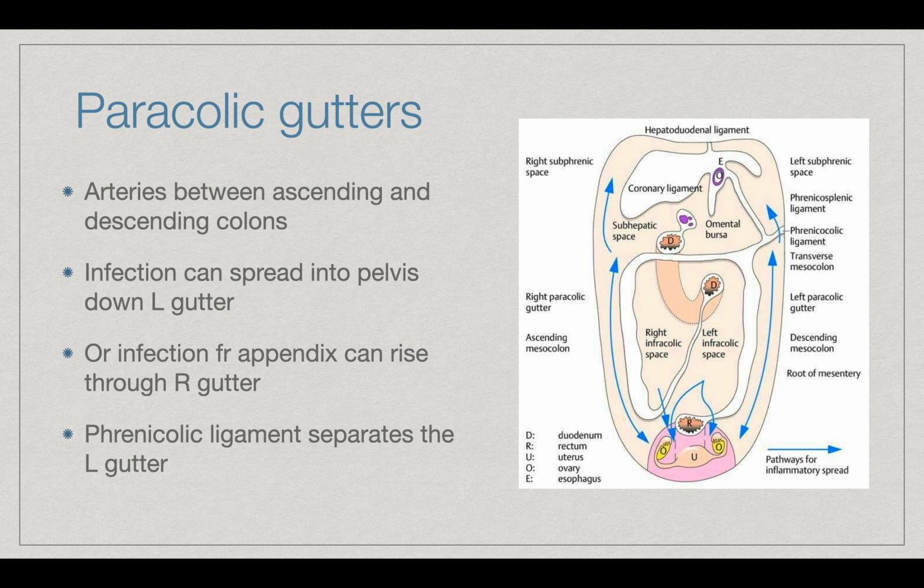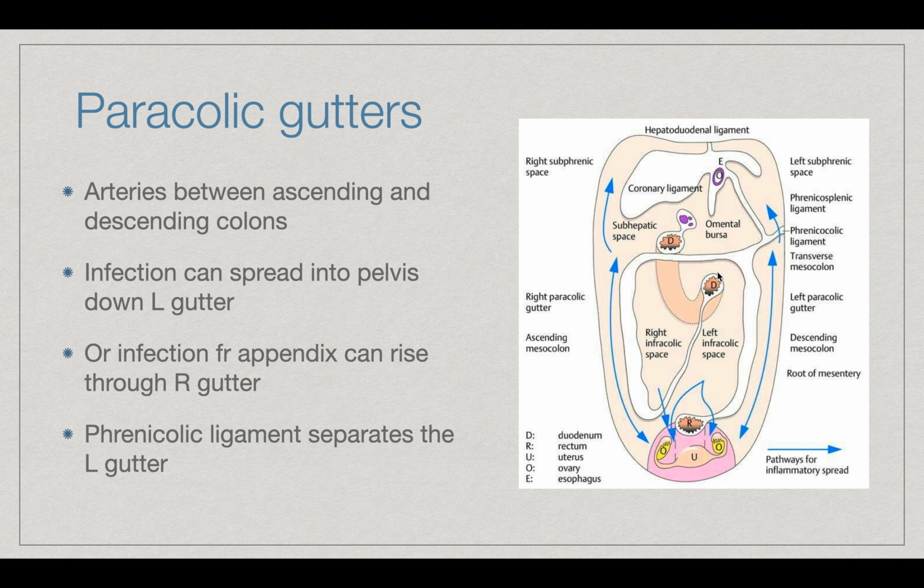Okay, so the paracolic gutter has a connection with the subphrenic spaces, and there's two, right and left, and these are where the routes of infection occur, because infection can spread into the pelvis down the left paracolic gutter, or an infection from the appendix can rise and go all the way up to the liver, and the infracolic space that goes down and can affect the ovaries along with the left infracolic spaces.